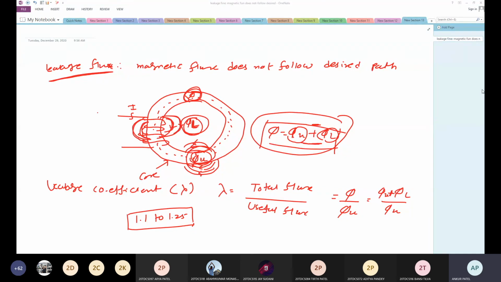It is ampere turn. It is nothing but indicating the product of N and I in terms of ampere turn.